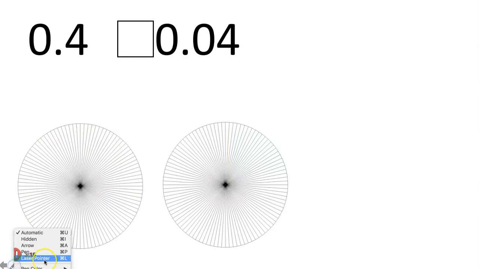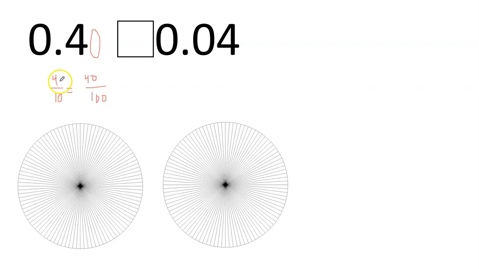We could also compare them in another way. We could change these so they're the same size pieces. For example, I could change 4 tenths to, if I add a 0, 40 hundredths. All I'm doing is scaling up. So I multiplied the numerator by 10 to get 40, and I multiplied the denominator by the same number to get 100. And if you multiply both the numerator and the denominator by the same number, we create an equivalent fraction.